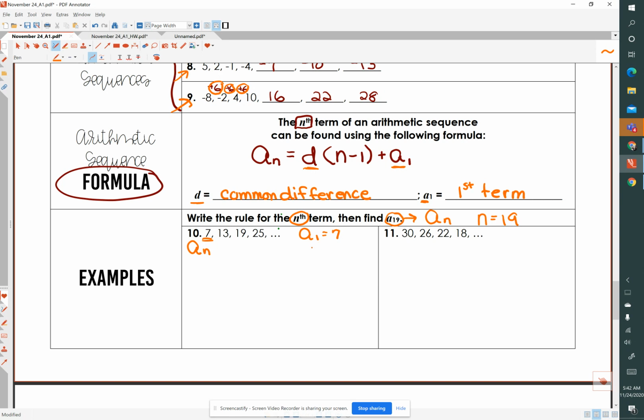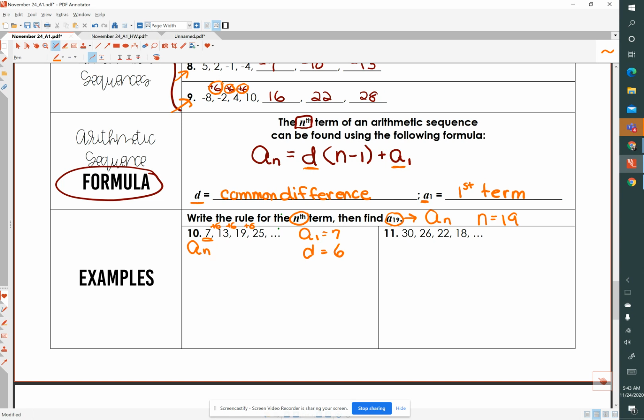And we need to define our common difference, d. Let's see, 7 to 13, we add 6. 13 to 19, we add 6. 19 to 25, we add 6. So our d is 6.